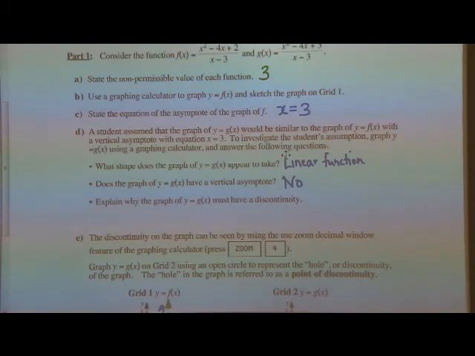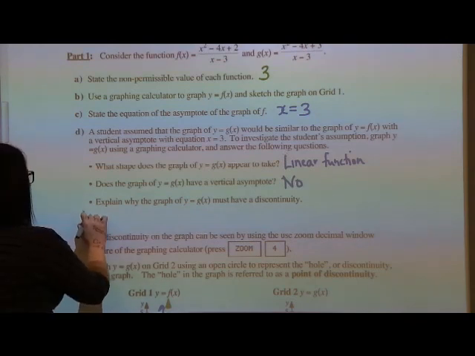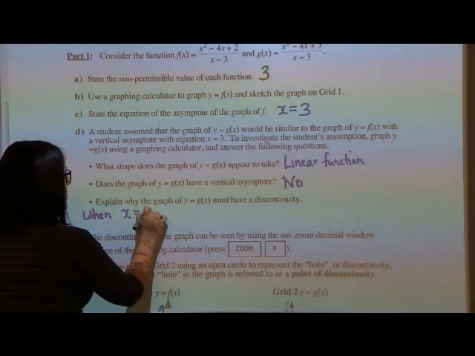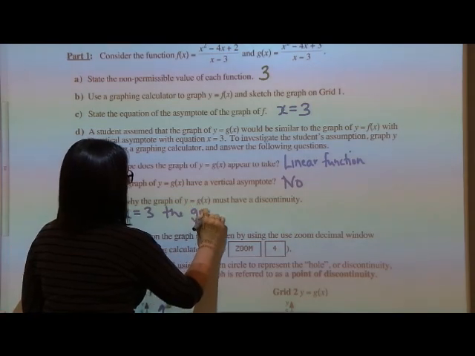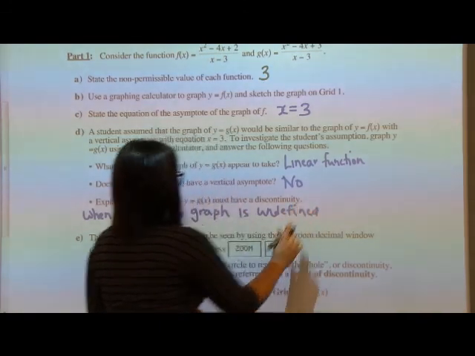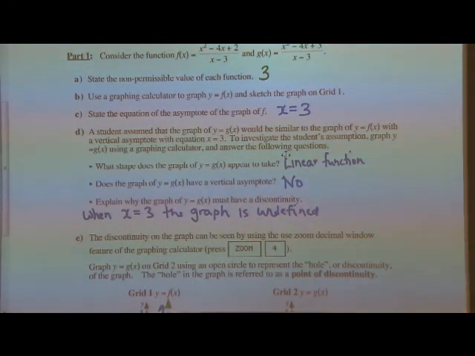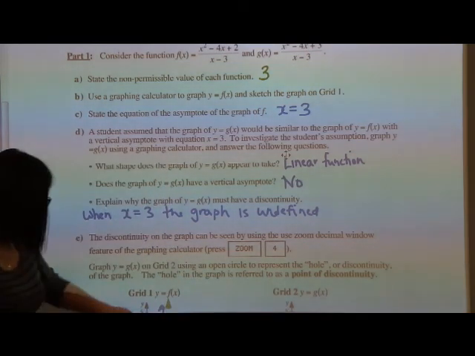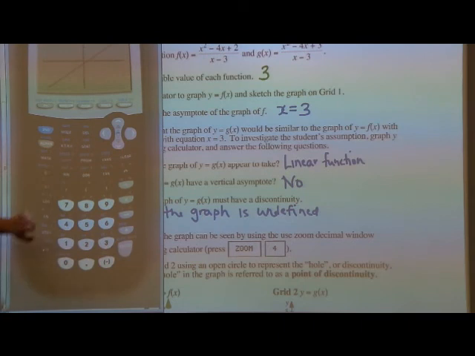When x equals 3, it's undefined. And we can see this discontinuity if we press zoom and then 4 for decimal. What do you notice now?